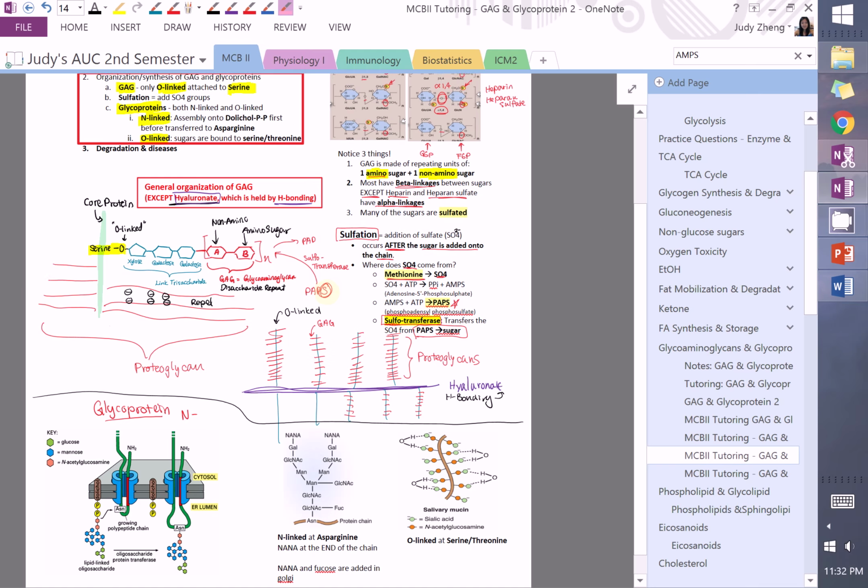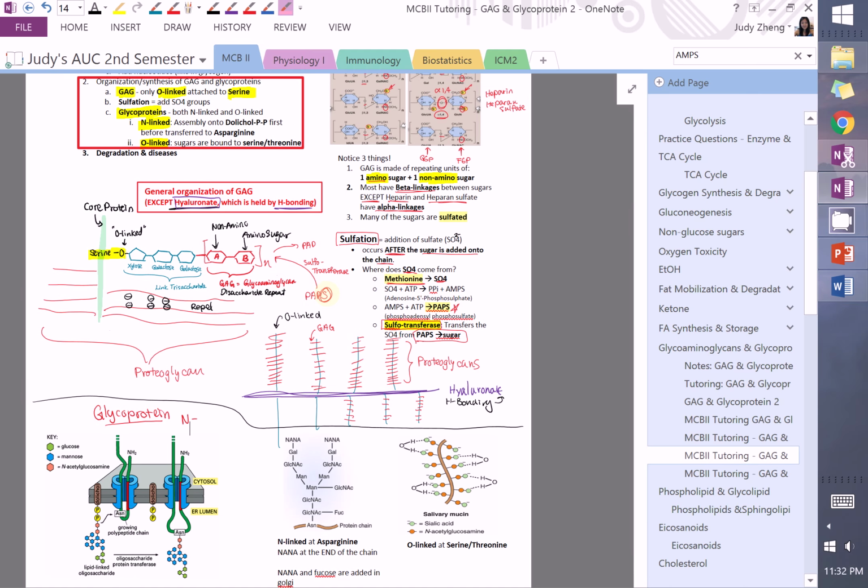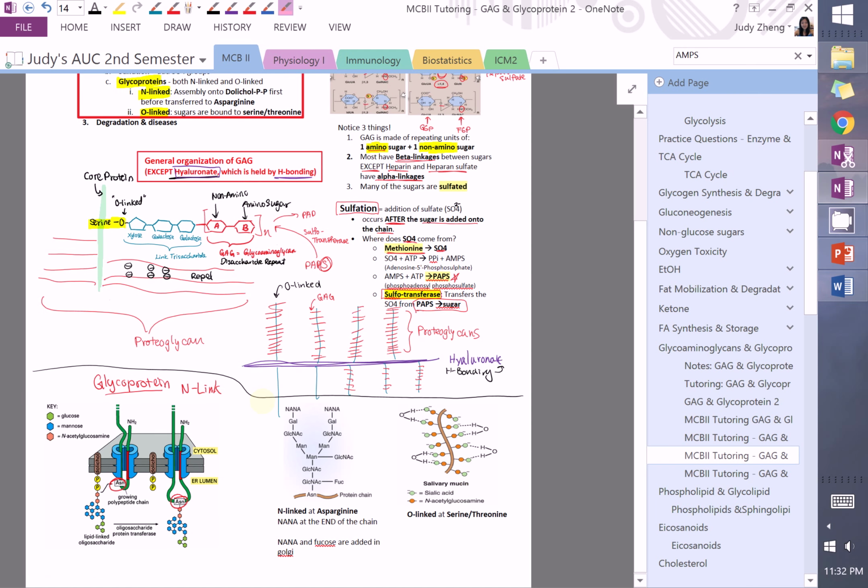N is probably named after the amino group in the amino acid to which the sugars are attached. In this case, asparagine provides the amino group for which the sugars are attached. But before the sugars are attached to the asparagine in the polypeptide, in the ER, they're first assembled onto a dolichol with the two phosphates.